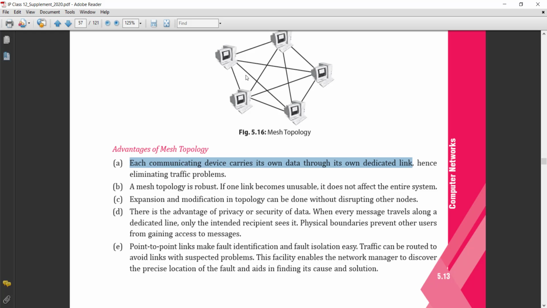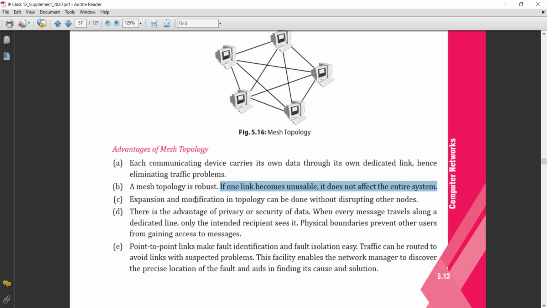If any system has failed, our other computer network will never be interrupted. So you also note down this.